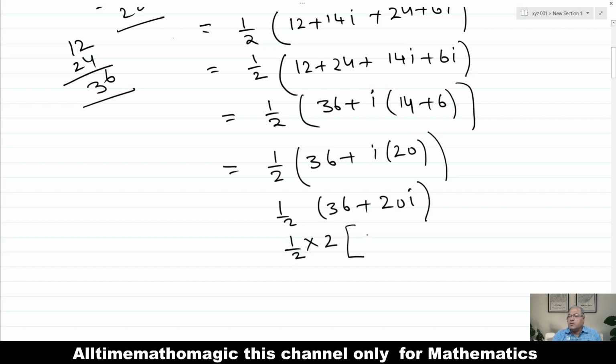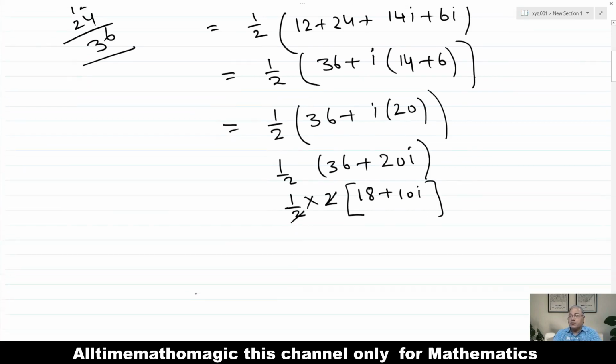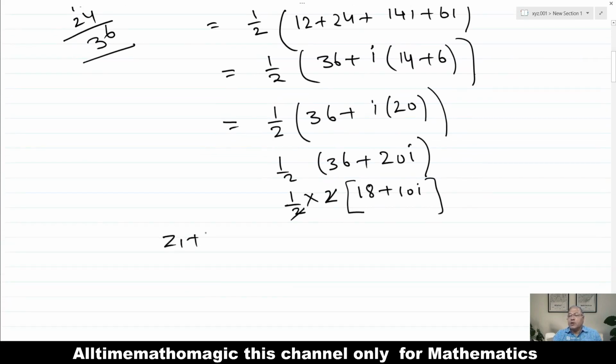It need not be cancelled, but if it is getting cancelled, okay. If not, then also it's okay. Now I have taken 2 common, so 18 plus 10i. These 2 and 2 get cancelled. Therefore Z1 plus 3 by 2 Z2 equals 18 plus 10i.